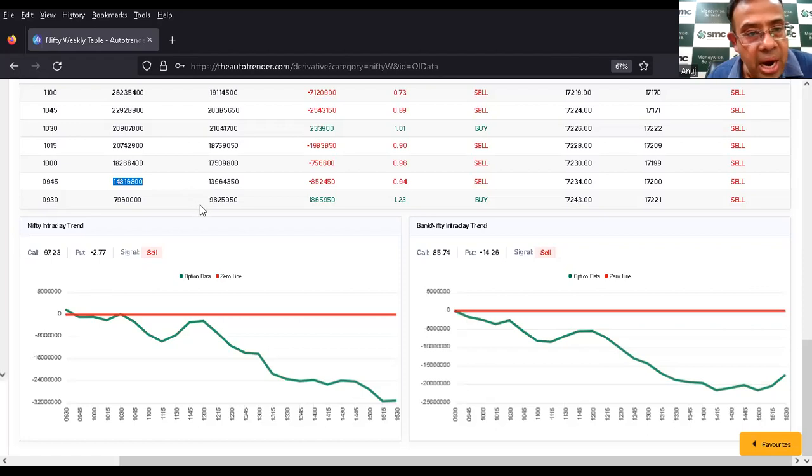It merely increased from 98 lakhs to 1 crore 39 lakhs, resulting in a negative difference and a PCR value of 0.94. Whenever we divide put writing by call writing, it gives me a figure which is below 1. And below 1 means you have an option sell.